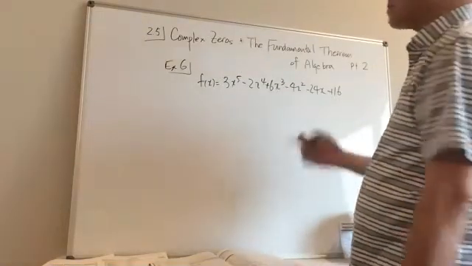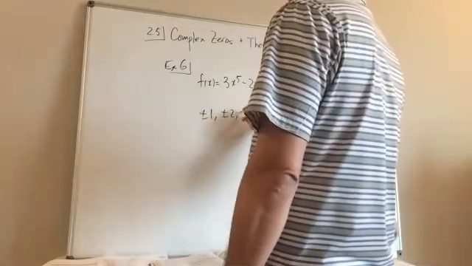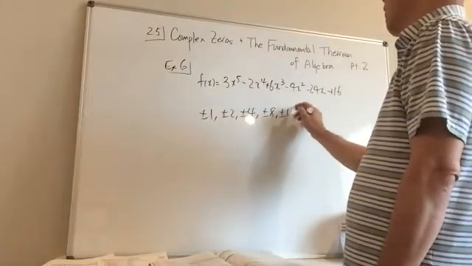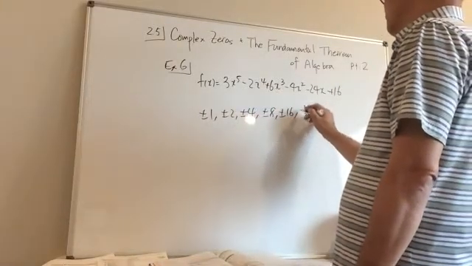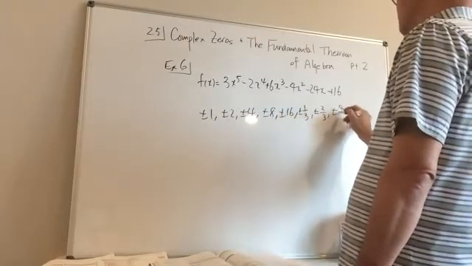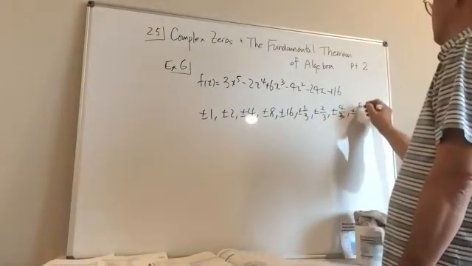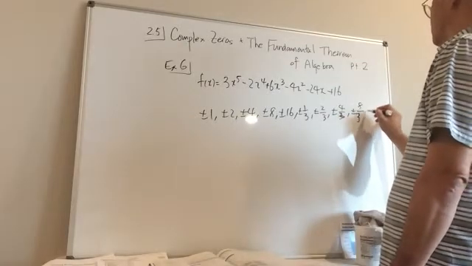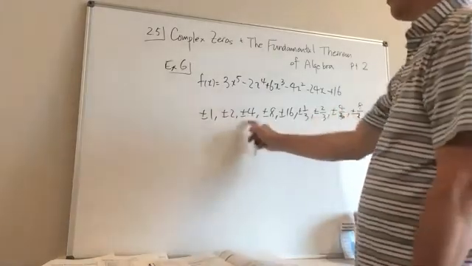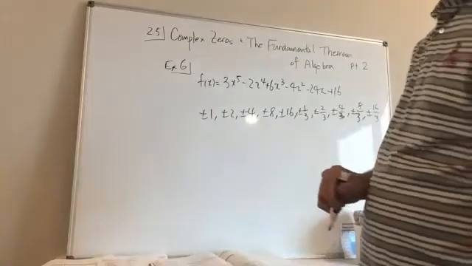What are my possible rational roots here? There are quite a few of them. There are 20 possible ones, right?